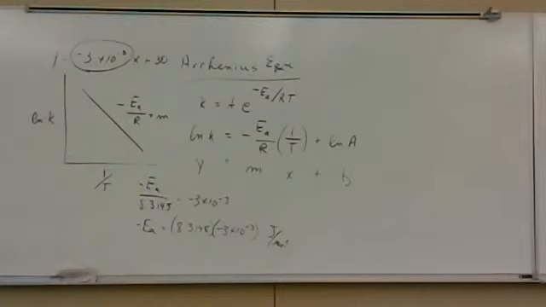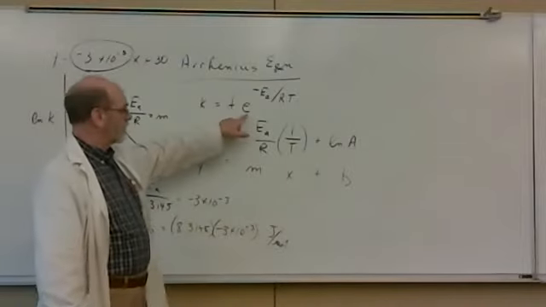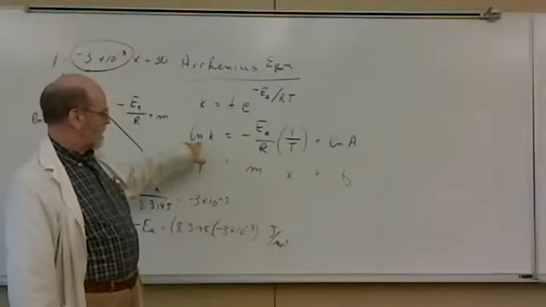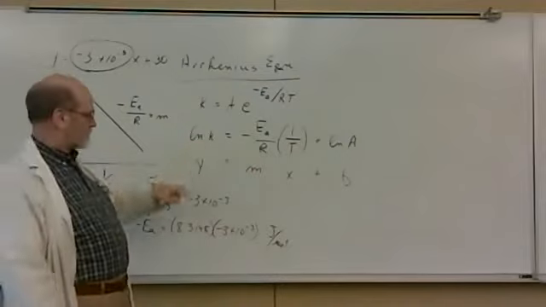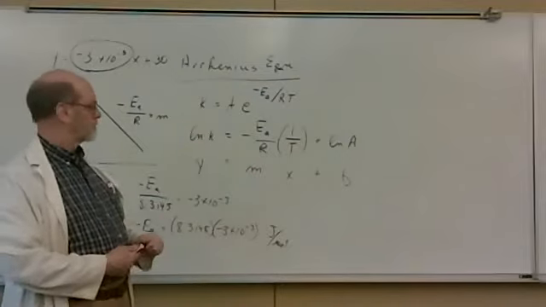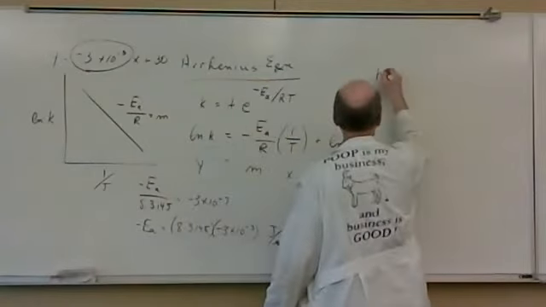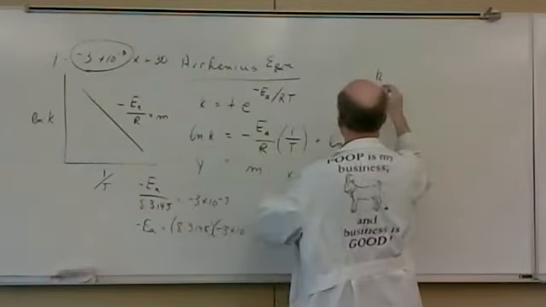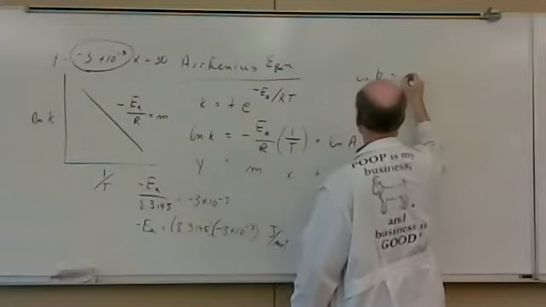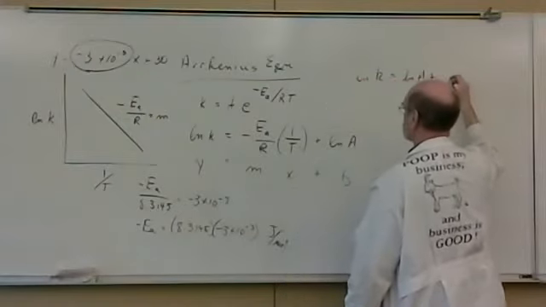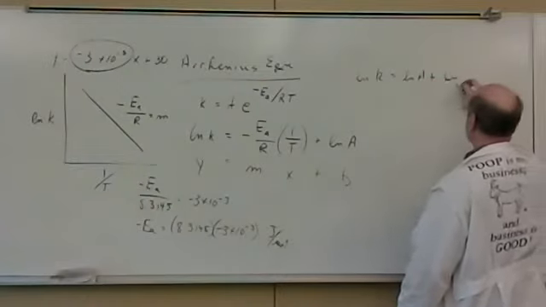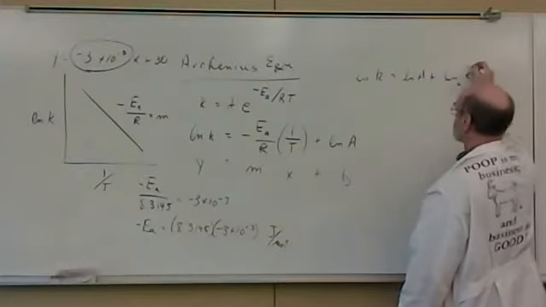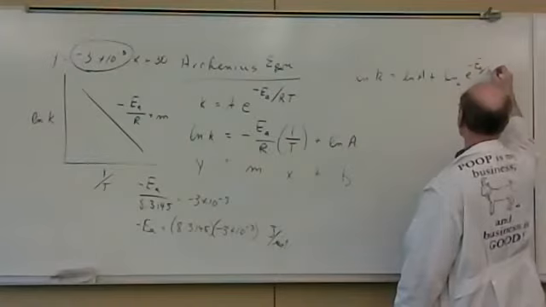What happens with that little e in the first equation? That's just a subscript, right? That becomes the base of your log. If we take the log of both sides, then the log of K equals the log of A plus the natural log of e to the minus E sub A over RT.